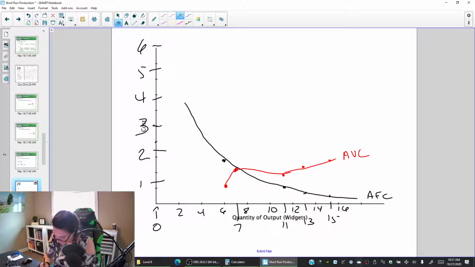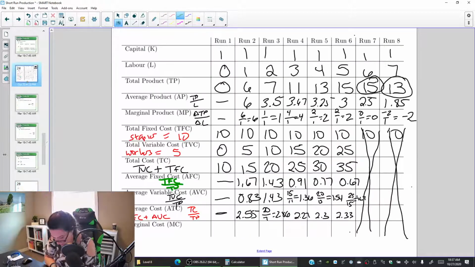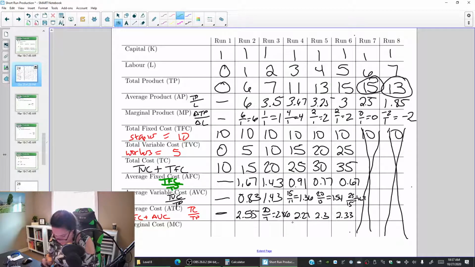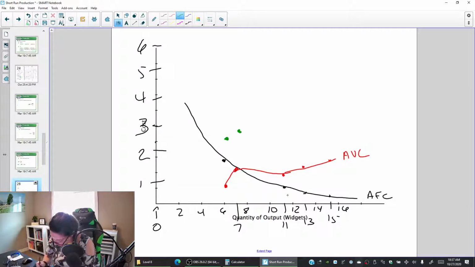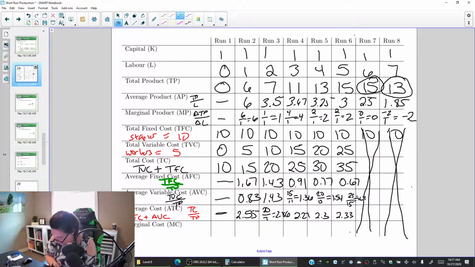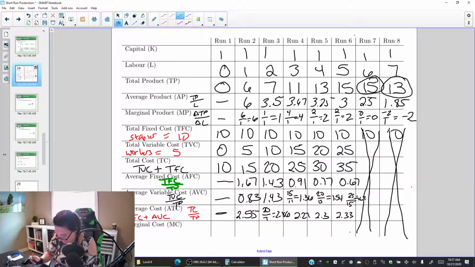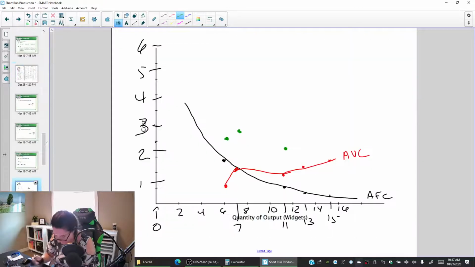And then 2.27, and 2.33, so it goes up a little bit here.